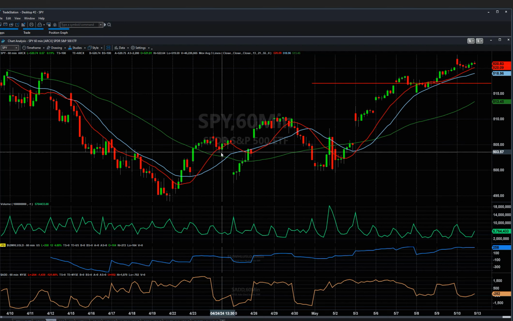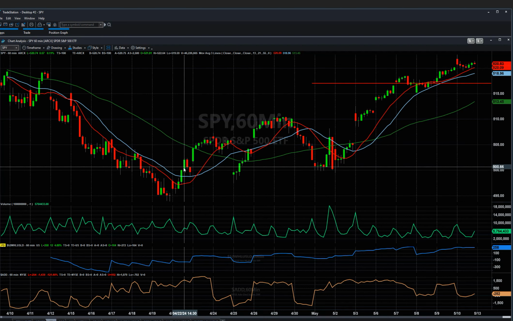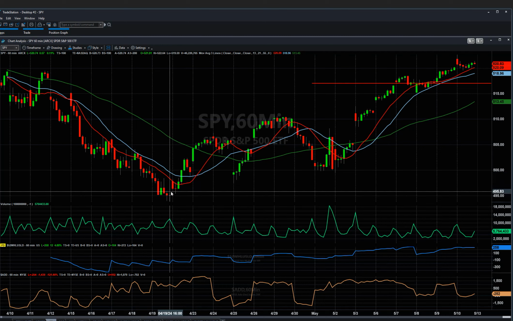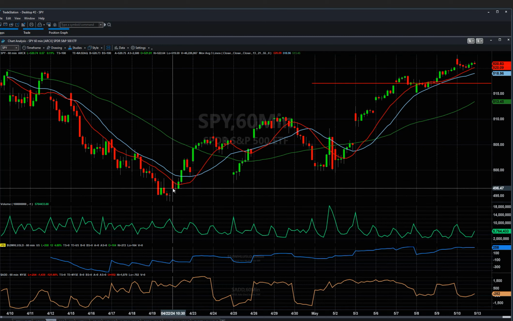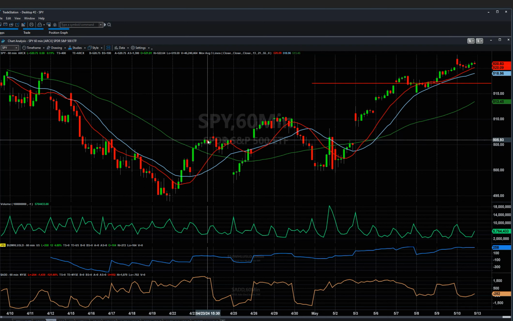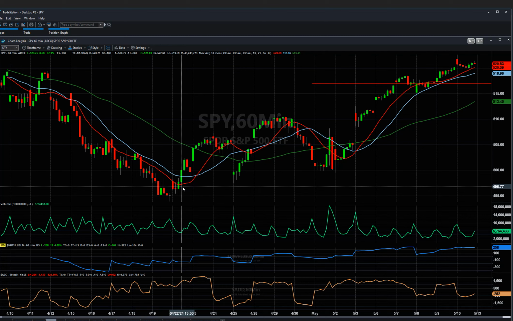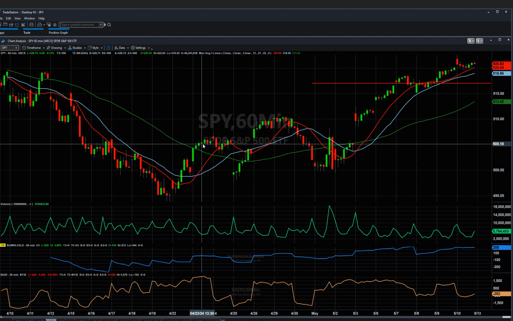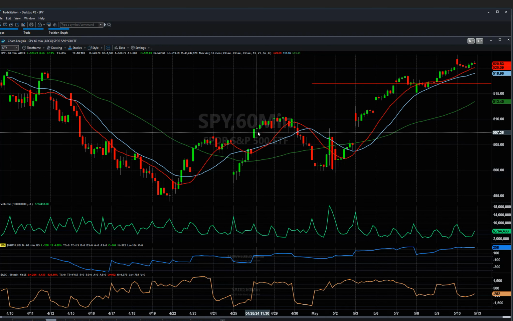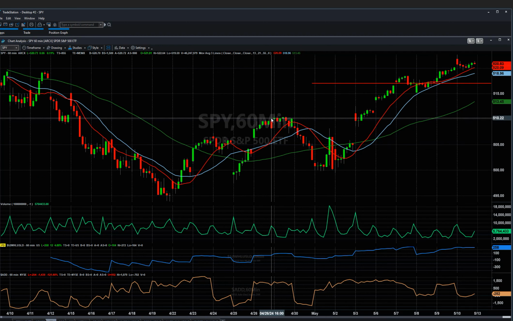Then we got this move to the downside, and I remember discussing the fact that sometimes also if the market is developing in a greater degree time frame, in other words, not a 60-minute time frame, but possibly a daily time frame, that this is a 3-step. Leg 1, leg 2 could develop, and leg 3 would come in at some other point in time.